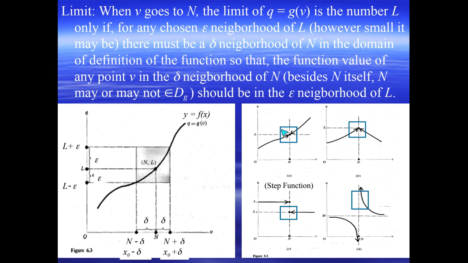X is between A and B, but X cannot be equal to A, while X can be equal to B. So this is the semi-open or semi-closed interval AB, open from the A side and closed from the B side.